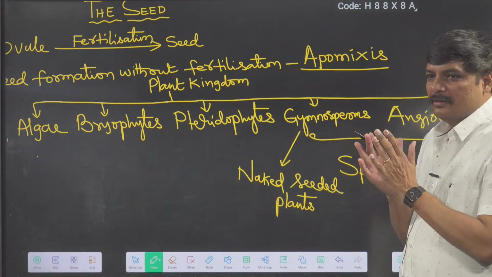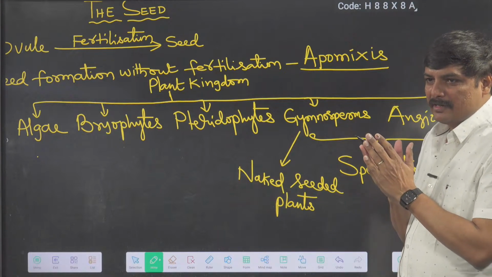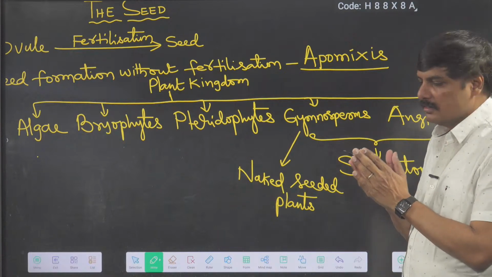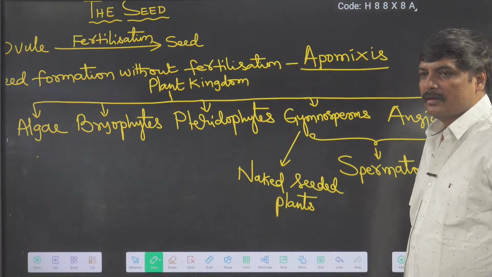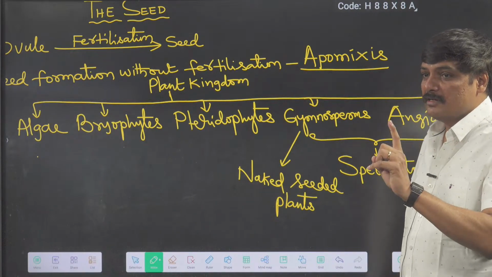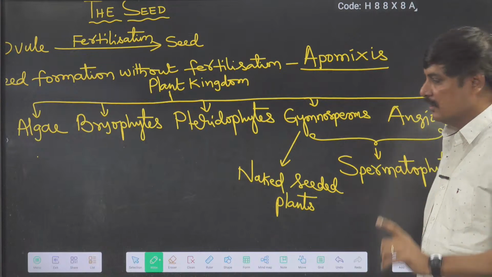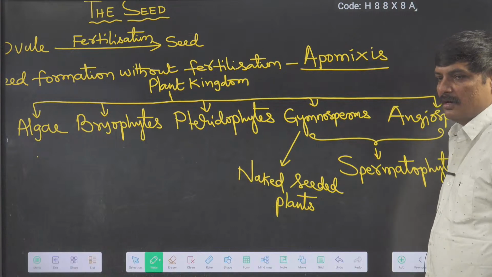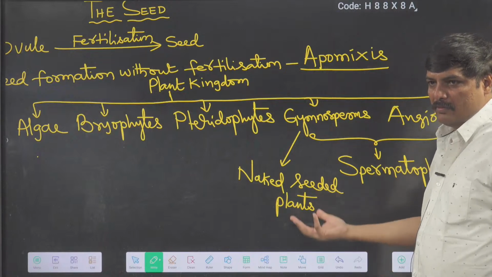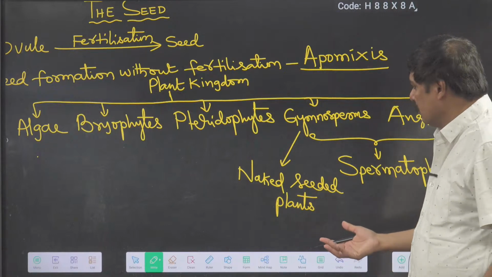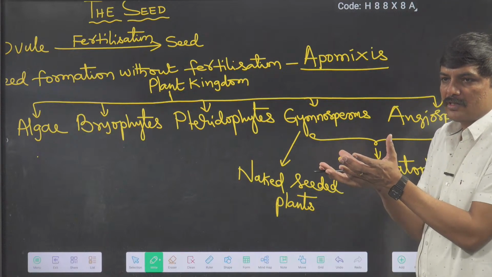So, seeds are present in two groups of plants, gymnosperms and angiosperms. But fruits are present only in one group of plants, angiosperms. Here, as there is no fruit wall, lack of ovary wall, the seeds are exposed to outside.